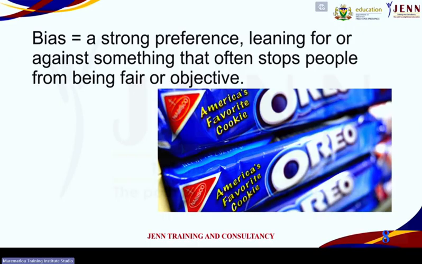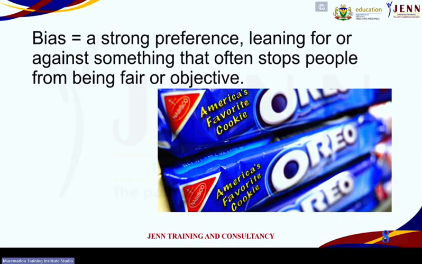So this company is biased because they are using their own product and saying it is the favorite one that the country uses. This slogan is biased and persuasive, and it convinces the consumer that the whole country of America loves this brand, which is not fair or objective because not all Americans will like this brand.